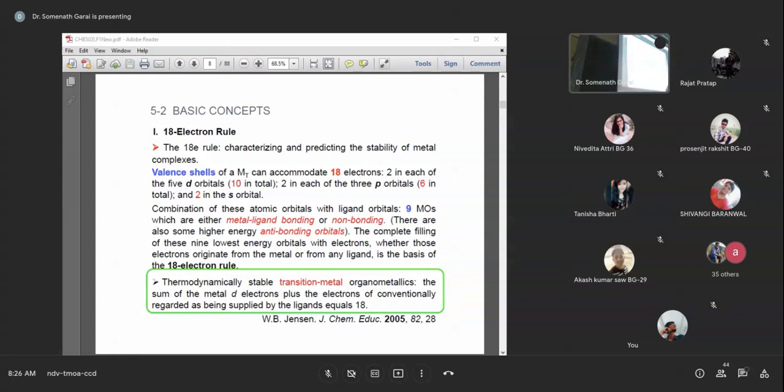Anti-bonding pi. But that is for CO. If it is a molecule like an octahedral complex, then it will not enter into the anti-bonding level. It will all remain within the bonding, or even the non-bonding. That is written here. You see?